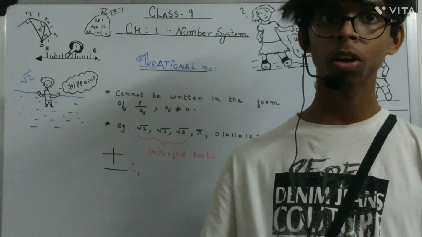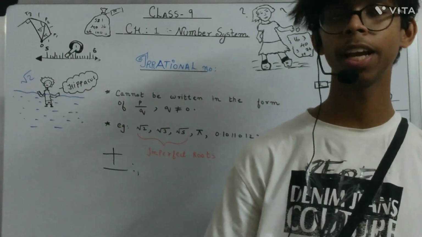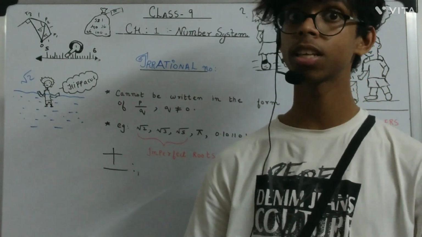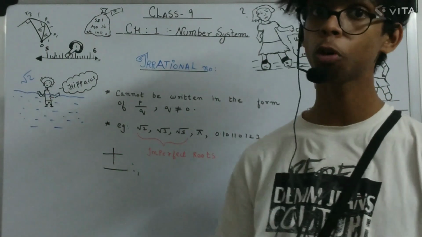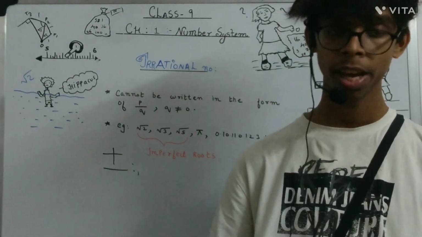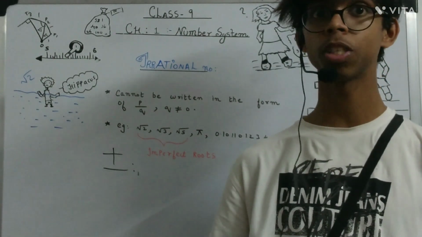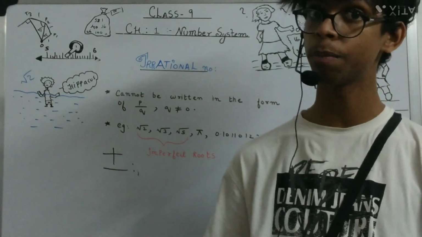But a Pythagorean named Hippacus, a follower of Pythagoras, discovered that he could not express root 2 in the form of p by q. So he said that not all the numbers in this world are rational. There are certain numbers which are irrational, which cannot be written in the form of p by q.